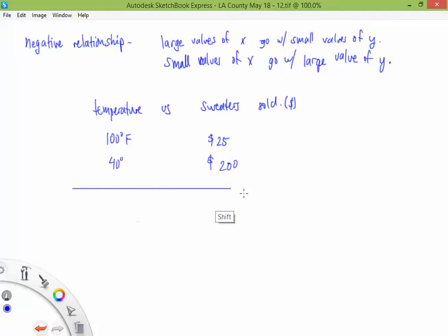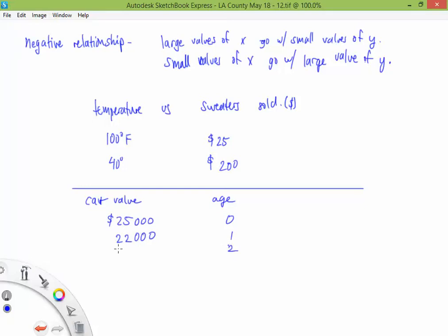Or maybe think of your car value and its age. Let's say you buy the car at $25,000, 0 years old. After 1 year, it goes down, maybe to $22,000. I'm just making up numbers.